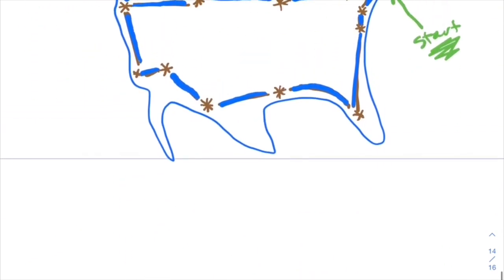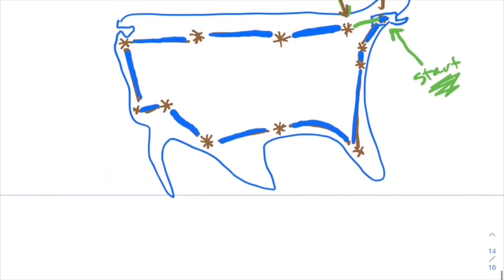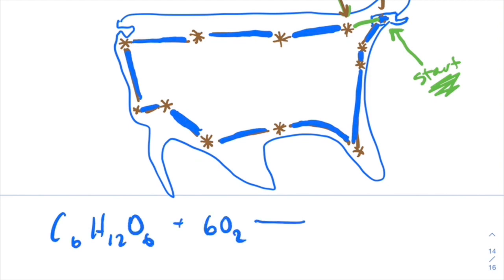So that's a little analogy that I've used before that people have found helpful in the past. I hope you have found it helpful as well. All of these individual side trips represent a smaller chemical reaction that help the cell to get from C6H12O6 and 6 oxygens to 6 CO2 molecules and 6 water molecules.